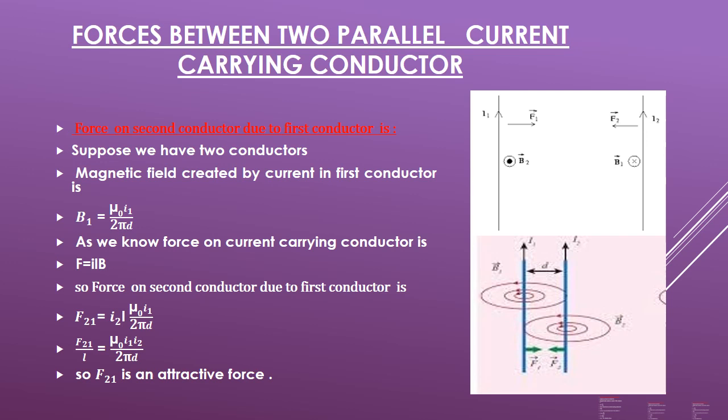And at what location? It is creating a magnetic field along its axis, and we have done it that along the axis the force on the charges is 0. So this current, because of its own magnetic field, cannot experience force. So it will experience force by the magnetic field of conductor 1.